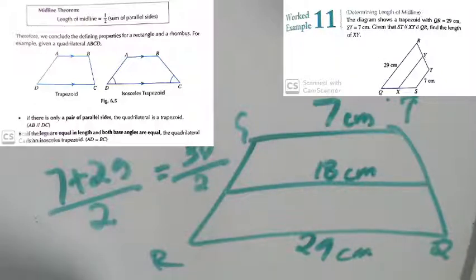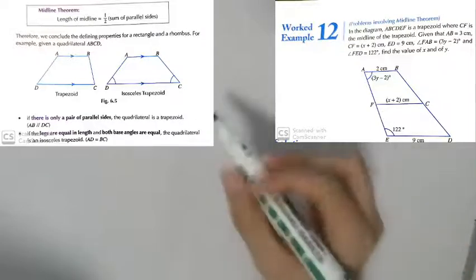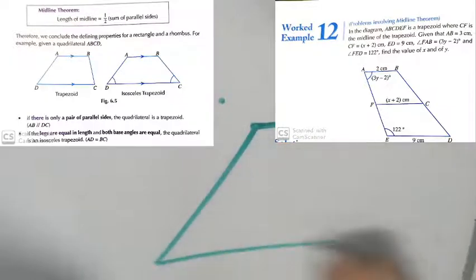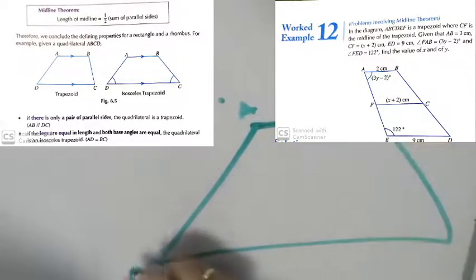Let's proceed to our third example. Our third example is a problem involving the midline theorem. Given the following trapezoid ABED, let me first draw it.